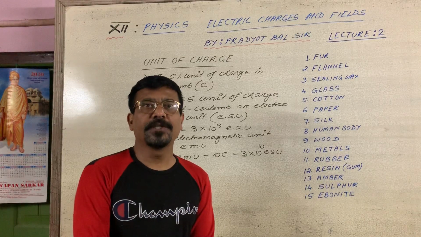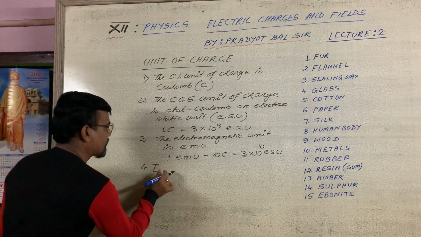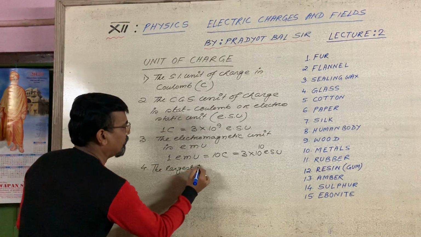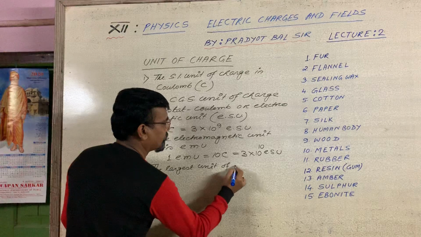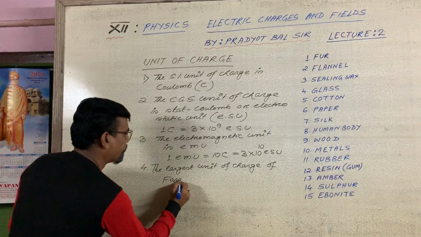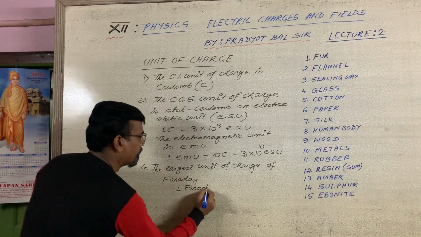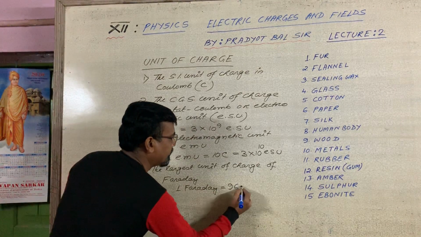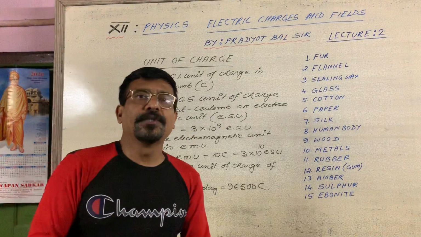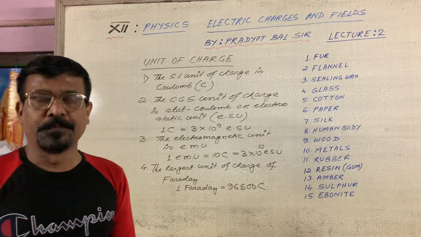Number 4, the largest unit of charge is Faraday. 1 Faraday is equal to 96500 Coulomb. So these are the units of charge you will have to know.